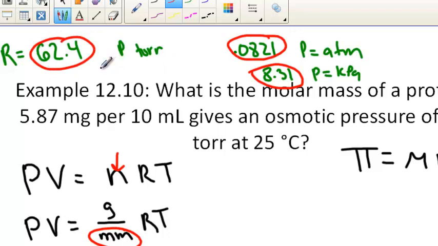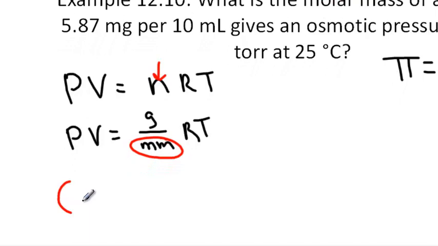Some teachers will have you always convert your pressure to atmospheres and just remember one R constant, 0.0821. Whatever is helpful for you. I'm going to choose to just leave it as 2.45 torr.